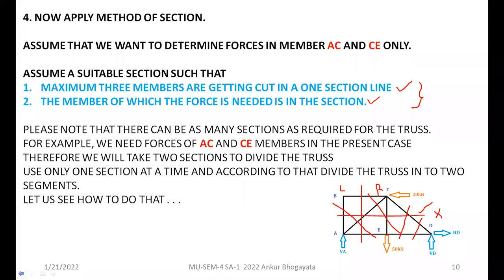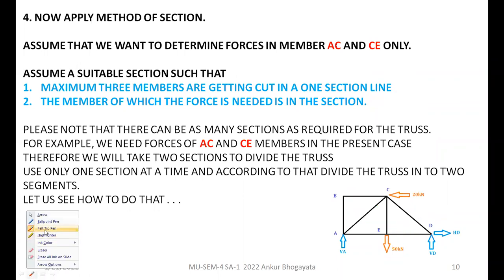Suppose, let me remove all this. Now suppose I am interested in the CE member. So I will take this section, for example. Now I will do all my calculations and obtain the answer for CE.